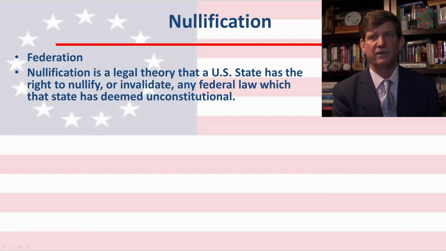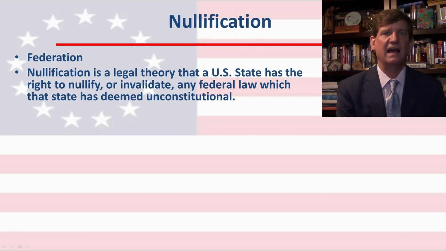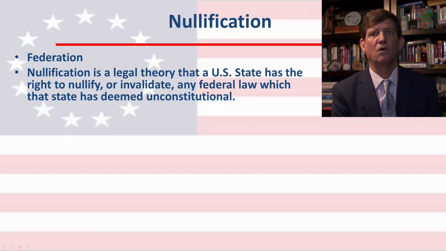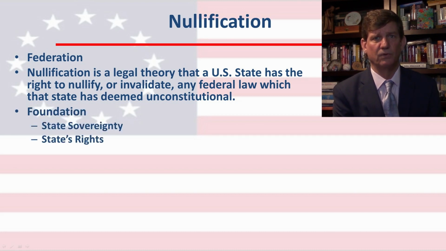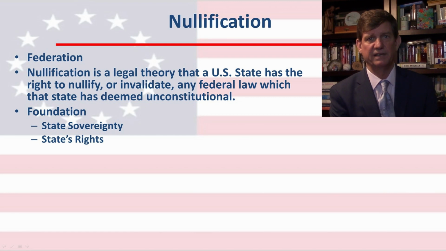Nullification is the legal theory that a U.S. state has the right to nullify or invalidate any federal law that the state has deemed unconstitutional. The foundation of this was pretty simple. It was state sovereignty. That the 13 states who broke away from Great Britain remained sovereign and independent.